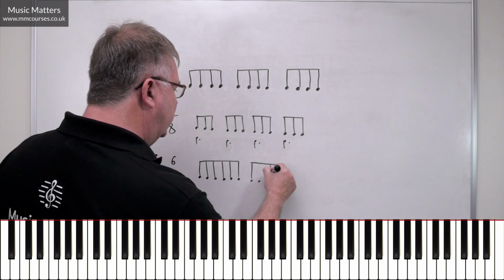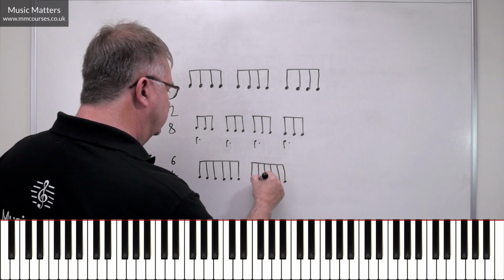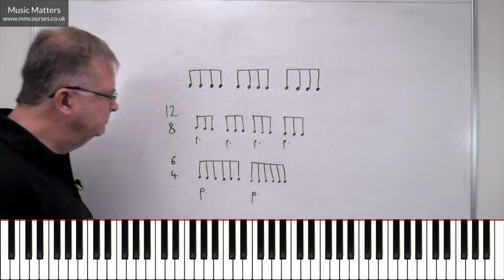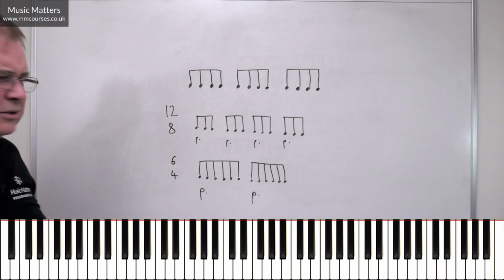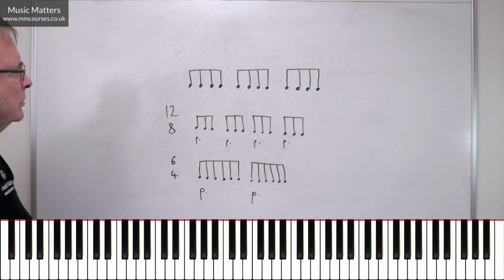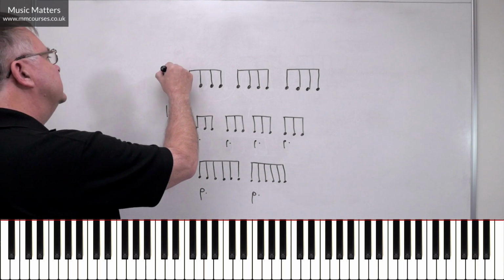It's a compound duple time, and it would have 2 beats that look like that. So that doesn't look like that. So it's not 6/4. Well, what happens if we halve the numbers again? 3/2. And that is the correct answer.